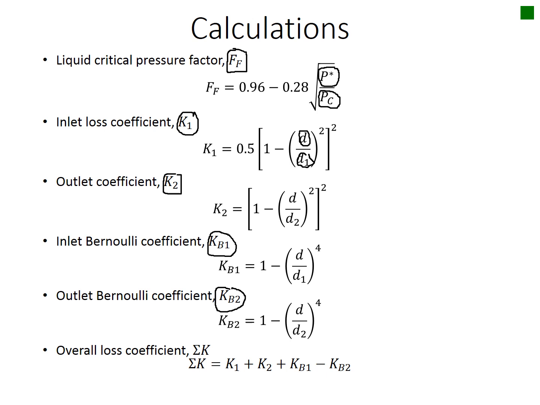And then our overall loss coefficient, the sum of K, is given by this equation. Note that we have KB1 minus KB2. It's not added, but it's subtracted. So make sure you take care of that in your calculations.